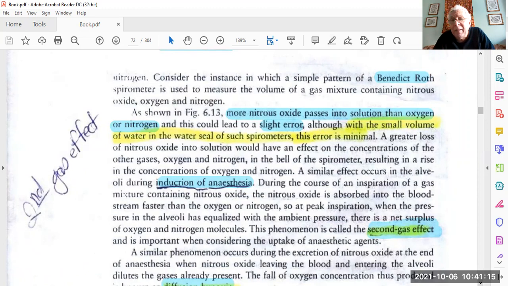Nitrous oxide will be more soluble than oxygen or nitrogen, so it will be taken from the mixture of the gases expired by the patient more than the others, so the other gases develop a higher concentration than before.